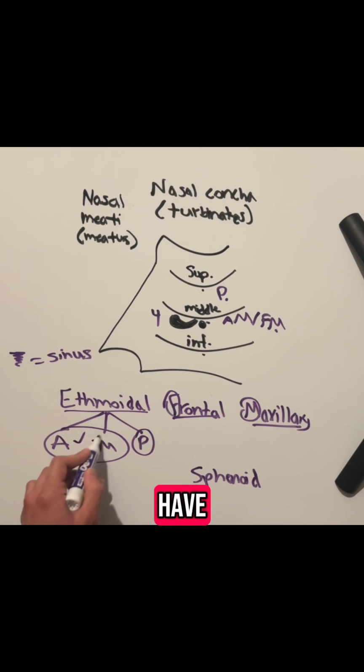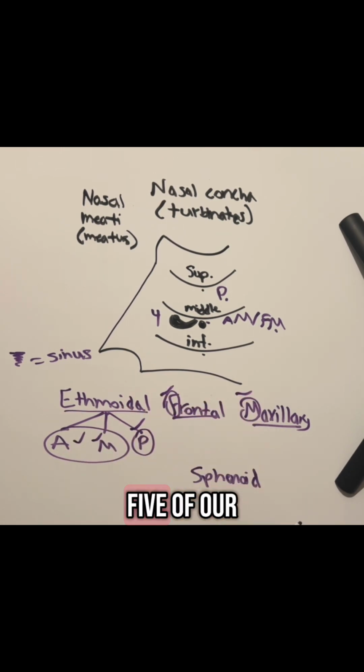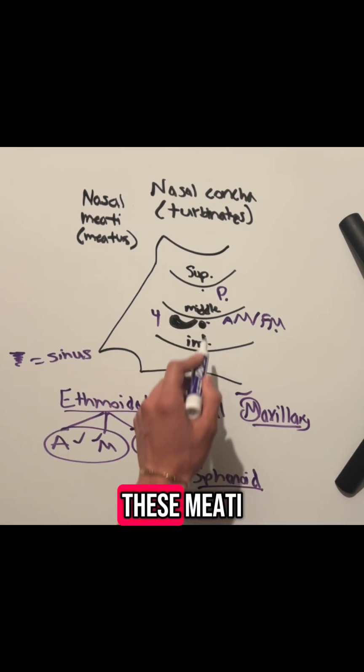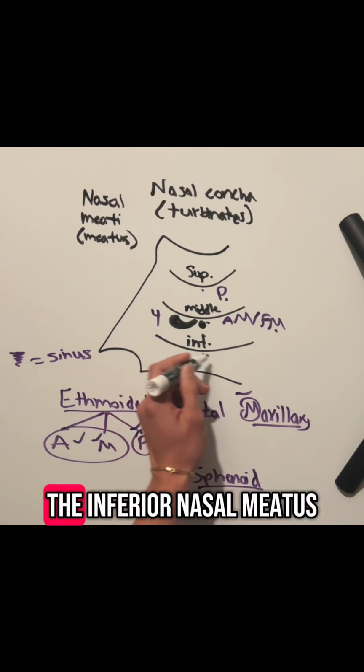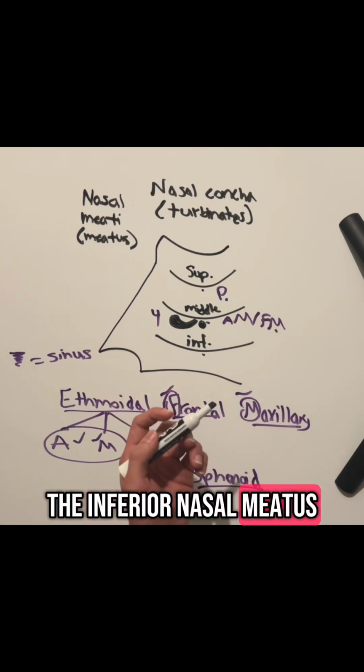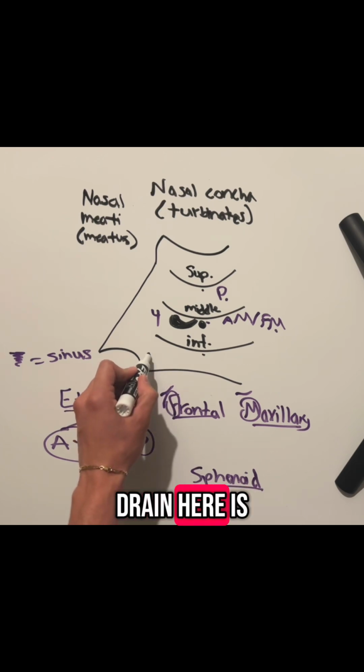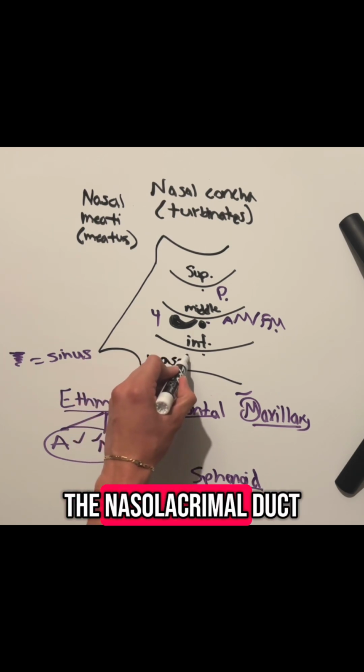So now we have 5 of our sinuses checked off. That leaves 1. But remember, there's going to be an exception to what drains in these meati, and that exception is associated with the inferior nasal meatus. The structure that's actually going to drain here is the nasolacrimal duct.